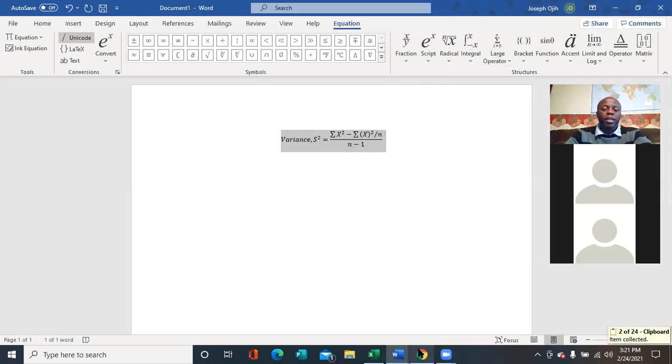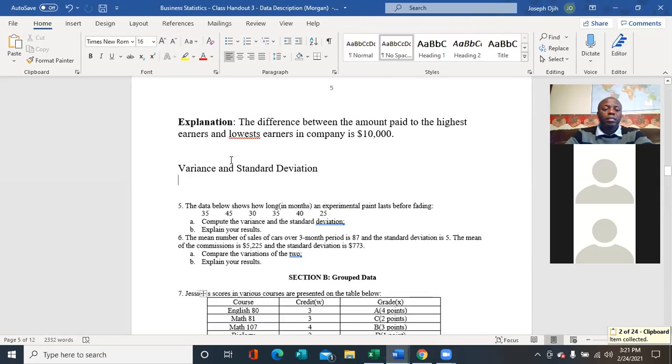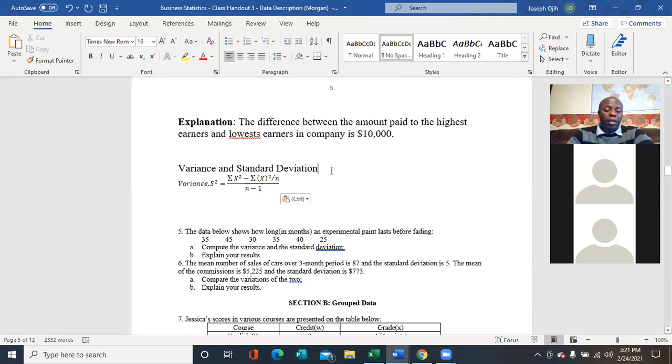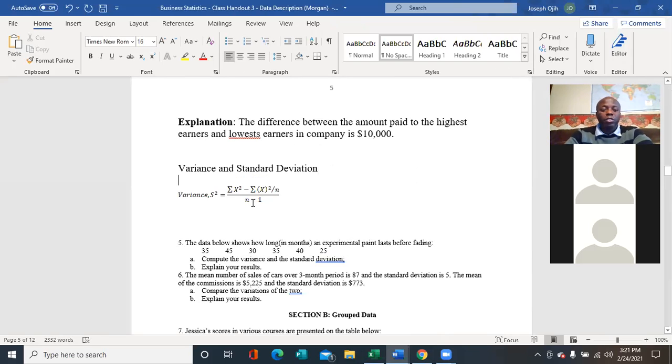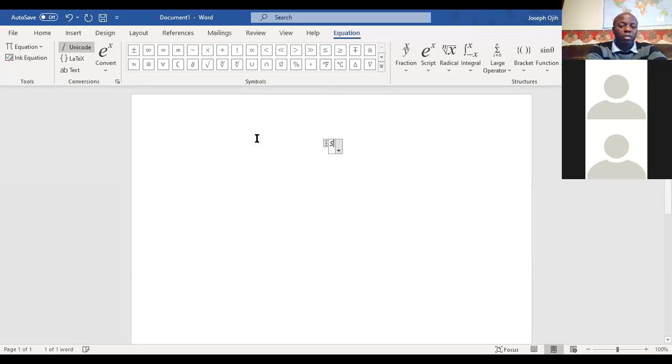With this formula, we can get the variance, and then the square root of the answer will give us the standard deviation. Okay, let us get the standard deviation formula. Then we can now solve the equation. Standard deviation, we're using S, since we have the sample variance.